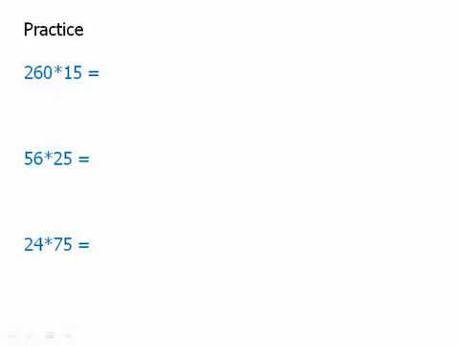Okay, that first one, 260 times 15. Well, the 15, I'd like to double that. So 260, half of that would be 130, and 15 doubled would be 30. So I get 130 times 30. And I'm just going to separate this out to 13 times 3 times 10 times 10.